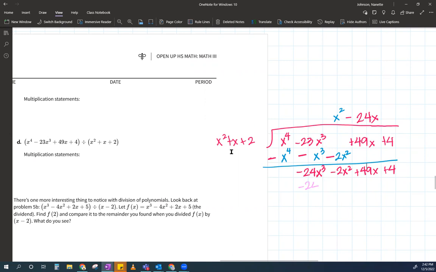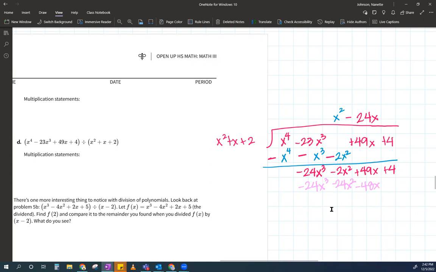Negative 24x times x is negative 24x squared. Negative 24 times positive 2 is negative 48x. Let me just check my answers really quick. So negative 24x cubed minus 24x squared, and then minus 48x, which that's perfect.